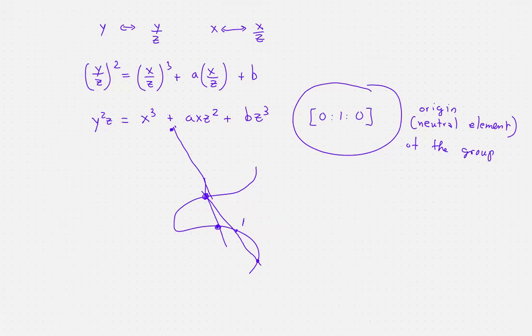So in other words, that is going to be the point A plus B. In fact, it turns out that if you call C the third point that you initially found, then A plus B plus C is actually equal to 0.